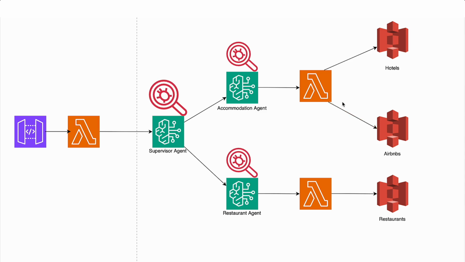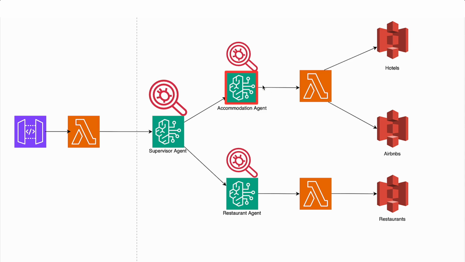And we're going to be applying the specific search filters. So the Lambda function is going to be set up in a way so that it's going to be able to filter for whatever the user wants. And right now, the way it's set up is I have a separate hotels CSV file and a separate Airbnb's file, and both of them are located in S3 in different locations.